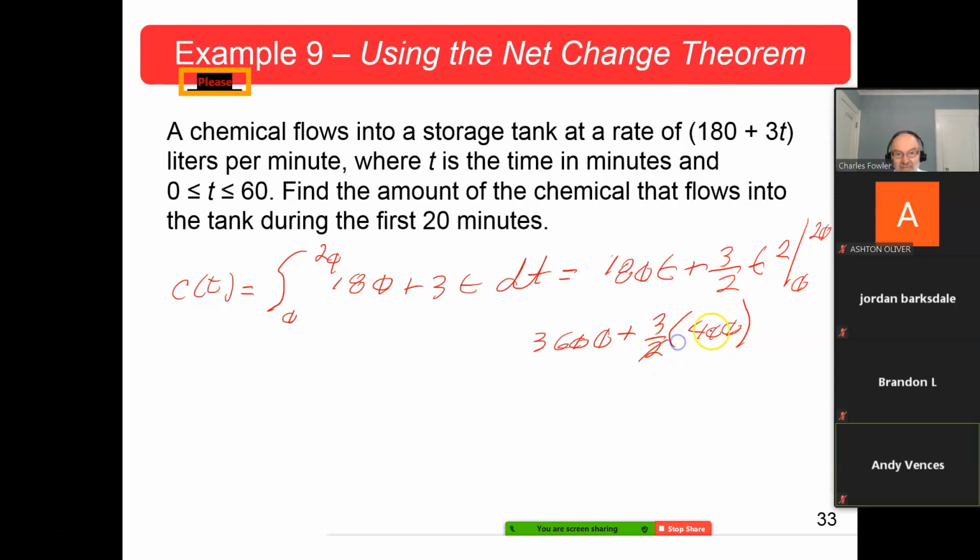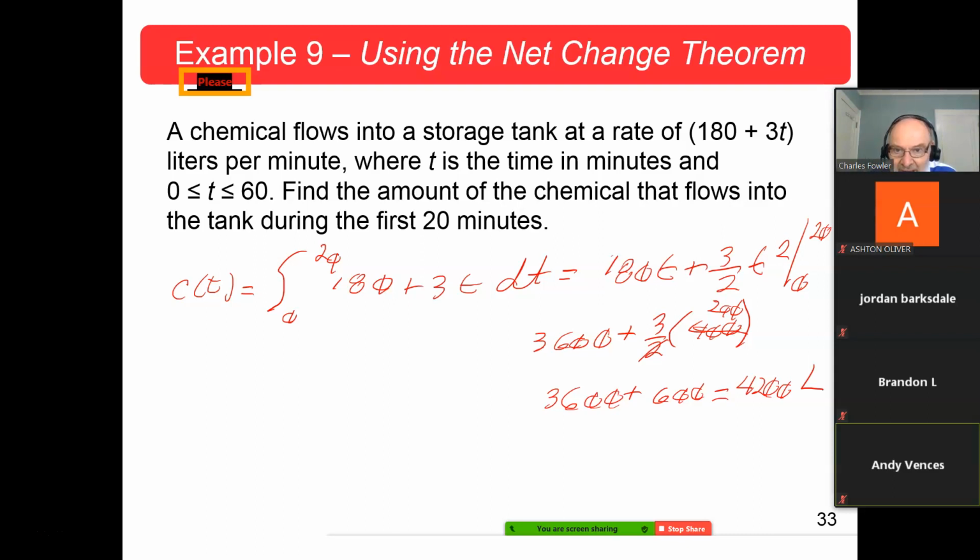Now, half of 400 is 200. So this would be 3,600 plus 600, 3 times 200, and that would be 4,200. And that would be liters. 4,200 liters. Yeah, that's what they got.